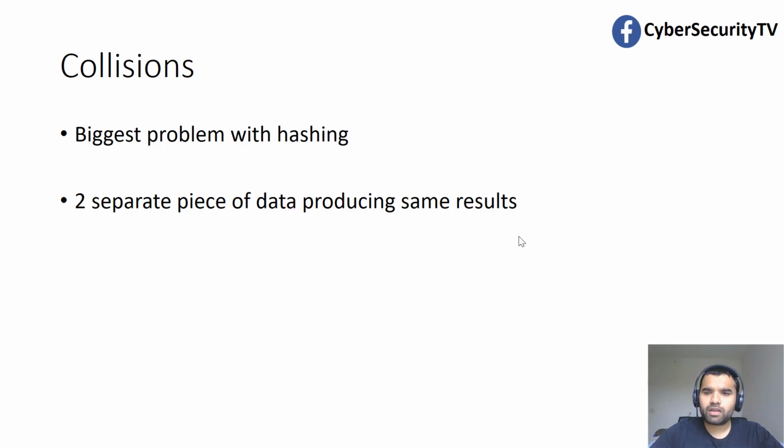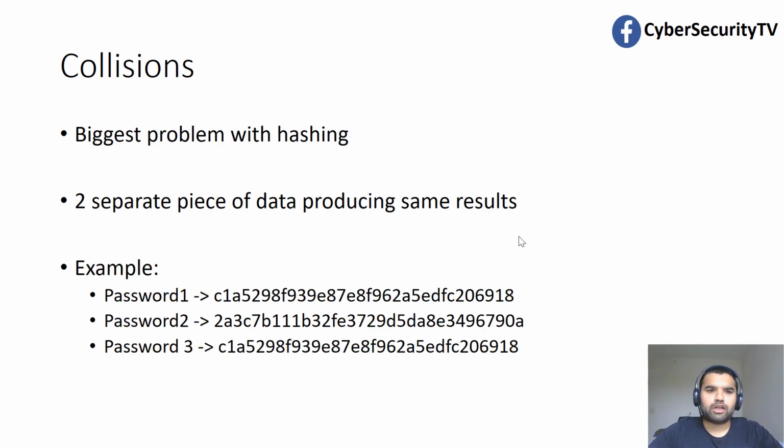A collision attack is when two different pieces of plaintext data produce the same result. So, for example, let's say my password is password1 and it produces this C1A529, whatever hash. There's another user whose password is password2, which of course gets some random hash.